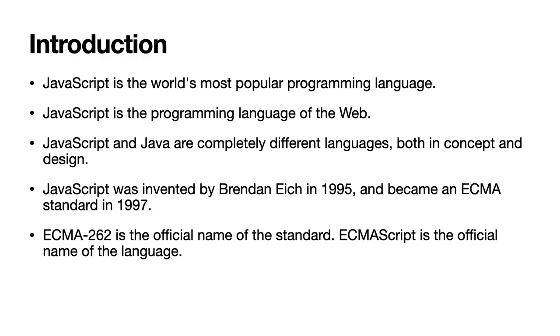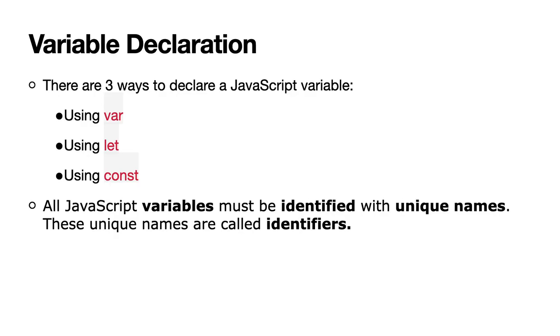ECMA-262 is the official name of the standard, and ECMAScript is the official name of the language. So instead, I'm not going to call it JavaScript anymore, I'm just going to call it ECMAScript hereafter. It's just a joke. So let's go to the other topic.